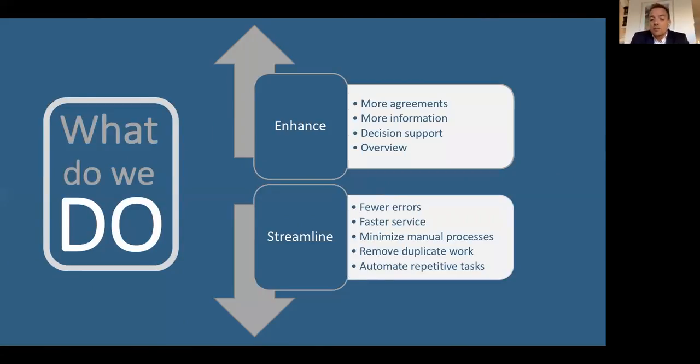And at the same time, we try to streamline, so try to make fewer errors, faster service, minimize the manual processes, which again goes back to the fewer errors, because every time you have to do things manually, you tend to make typos, etc. And then we try to remove duplicate work and automate all the repetitive tasks.